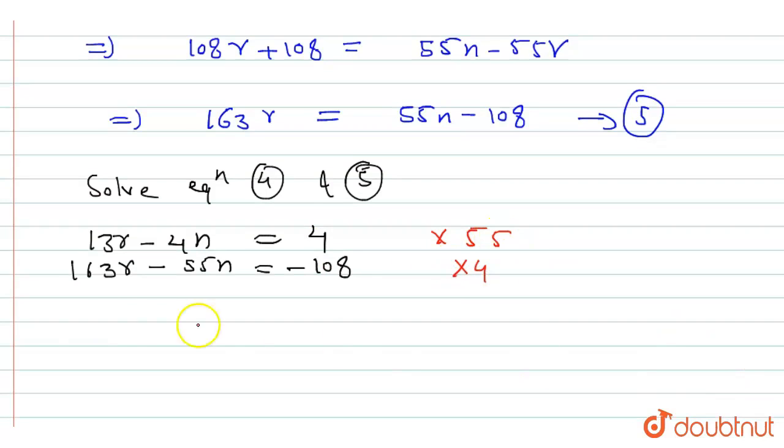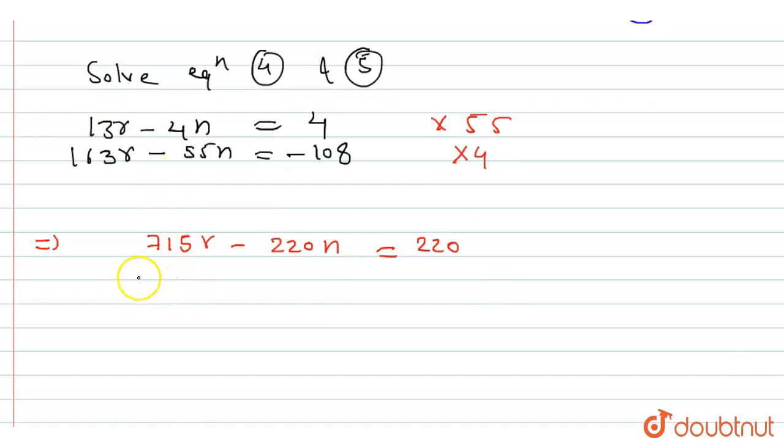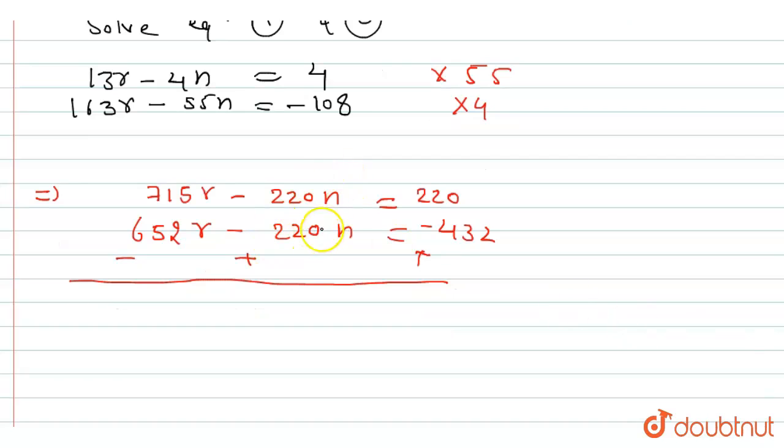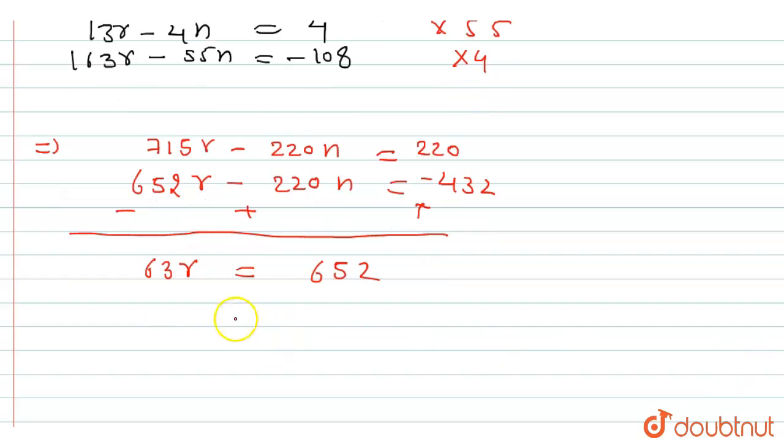So we get 715r minus 220n equals 220, and 652r minus 220n equals minus 432. When we subtract these, the n terms cancel, and we get 63r equals 652, so r equals 652 upon 63.